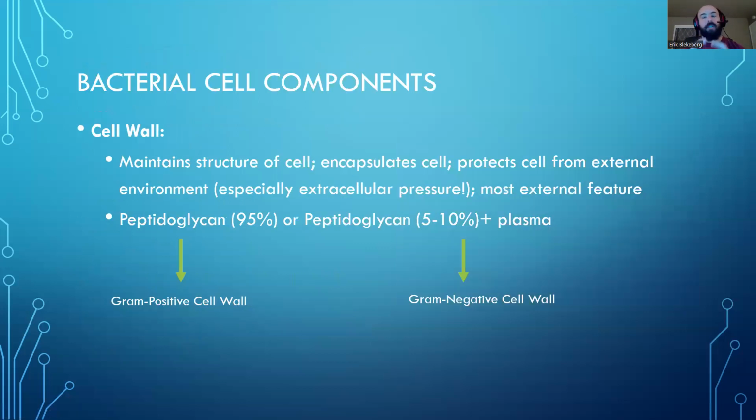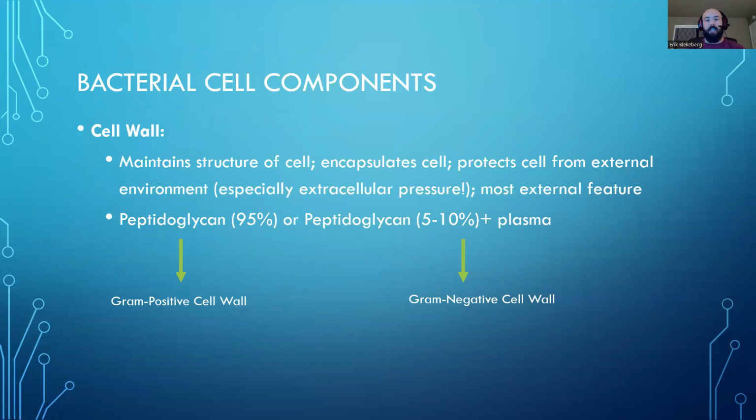Now, bacterial cell components are going to be similar, but have a few add-ons and a few subtractions. So the first major difference is that while it does have a phospholipid bilayer, it has a cell wall. It's a wall on top of this bacterial membrane, of this phospholipid structure. The purpose of the wall is to maintain the structure of the cell.